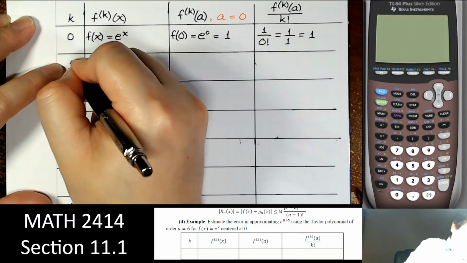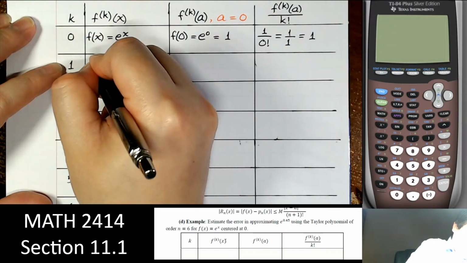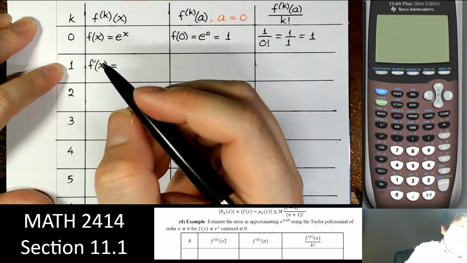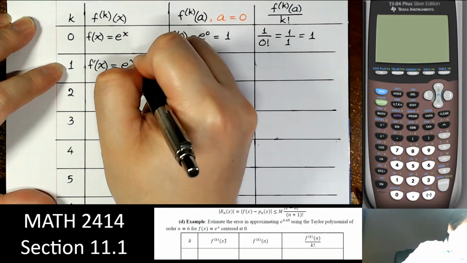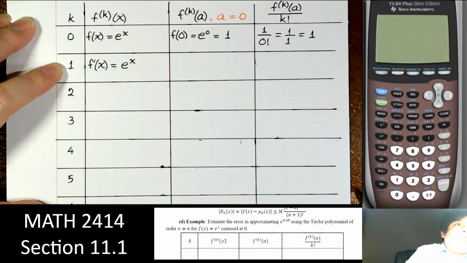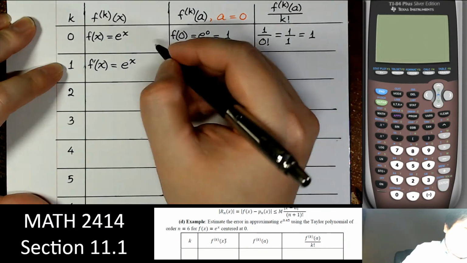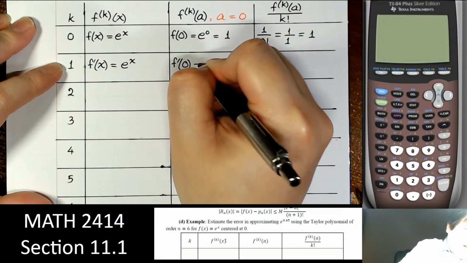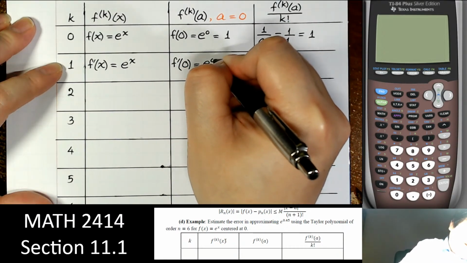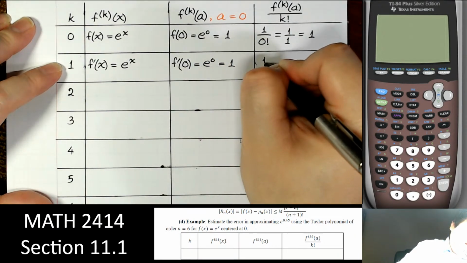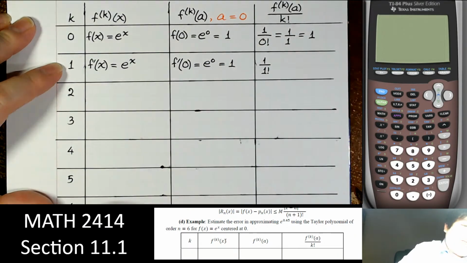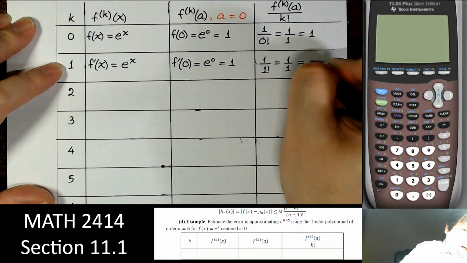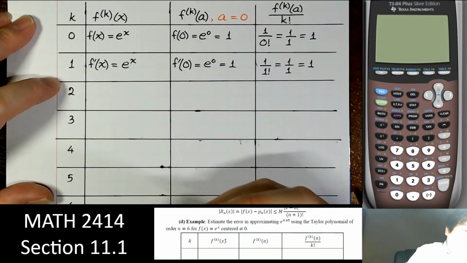Next, that will be the first derivative. Luckily on this one we just have e to the x, so all of the derivatives are just e to the x, and these two columns will be consistently the same thing. Derivative when x equal to 0, and so that's just 1 over 1, still 1. And we'll keep doing that.